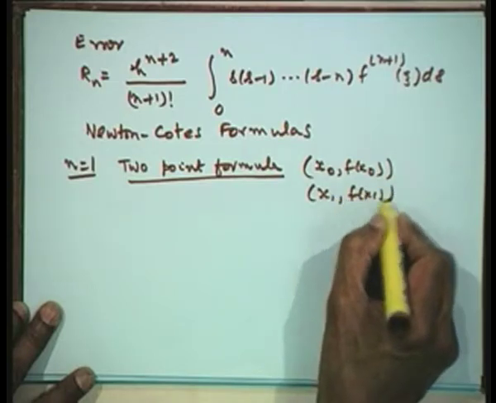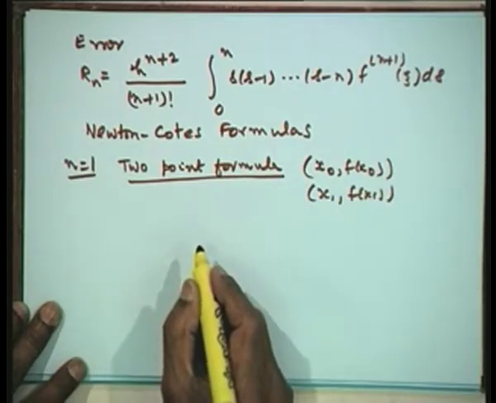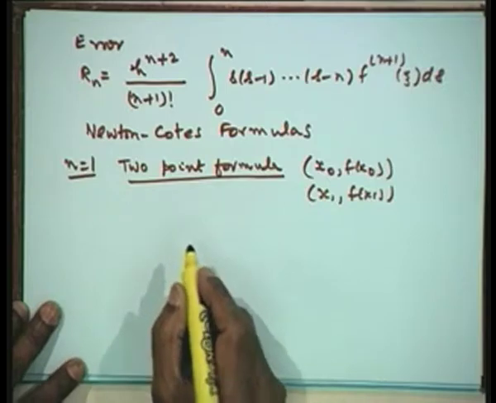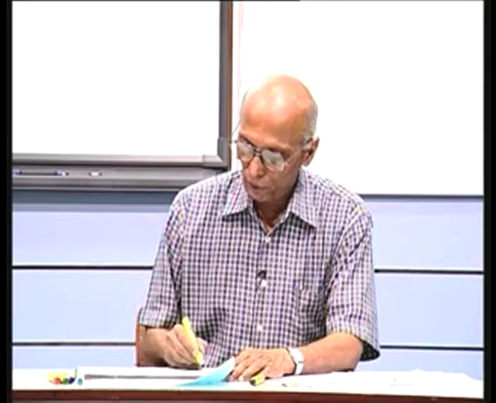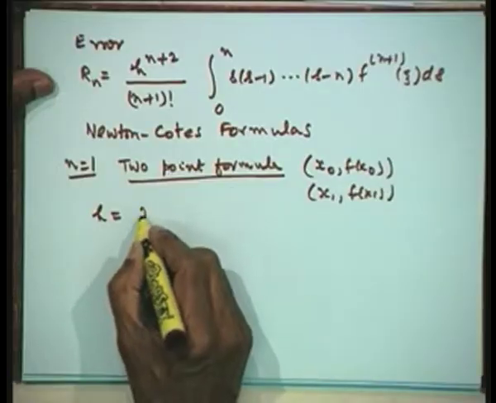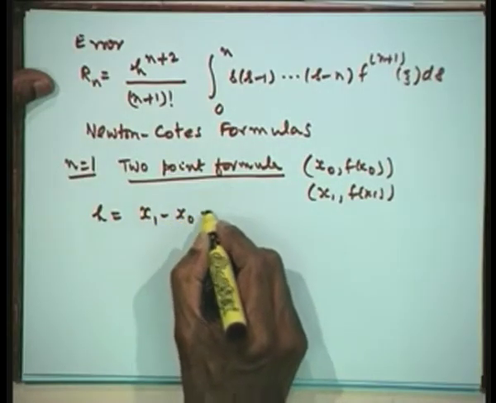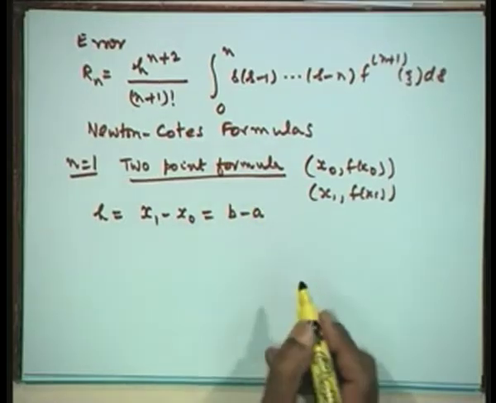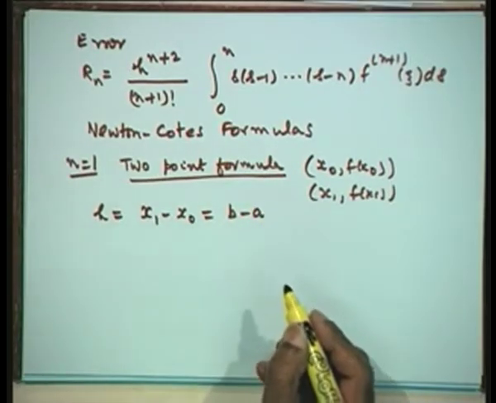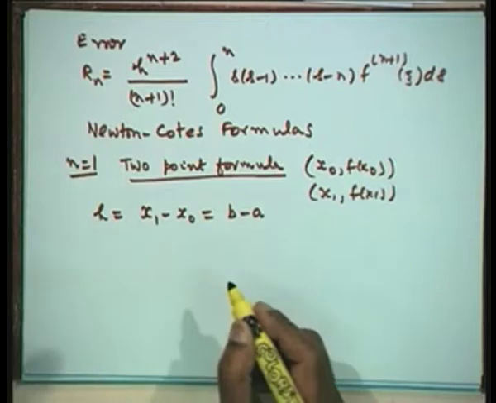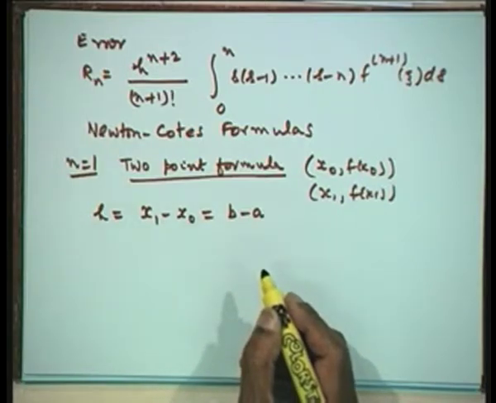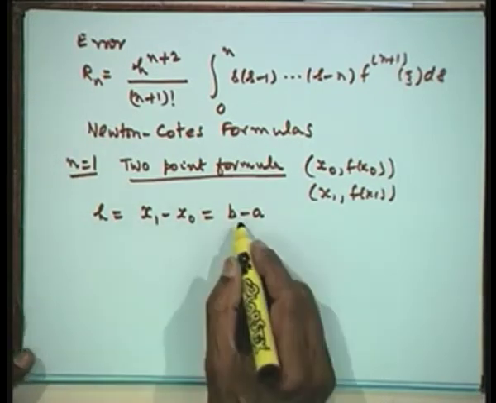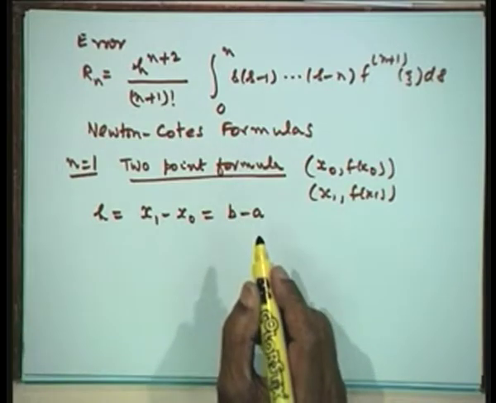These are the 2 points that we are taking. Therefore, h will be simply equal to x_1 minus x_0, that is equal to simply b minus a. We are taking the entire interval a to b as only considering 2 points, therefore, it will be the upper limit and the lower limit, therefore, the distance between them will be your step length b minus a.